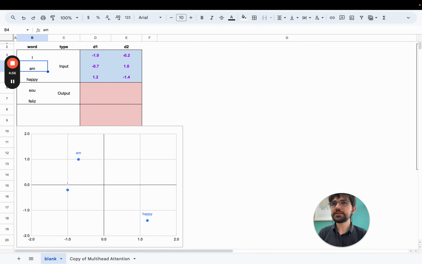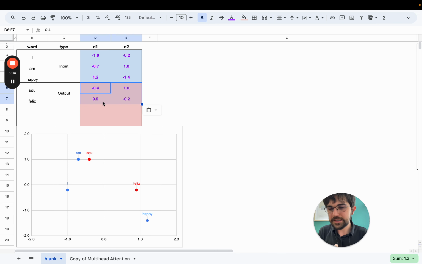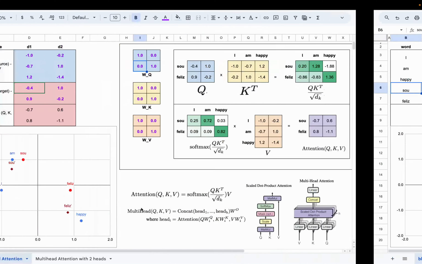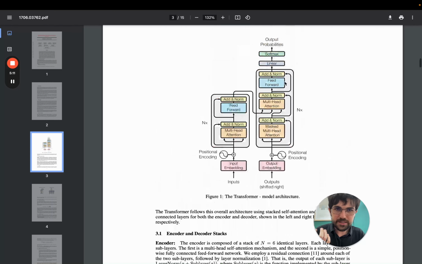And here I'm also going to place the embeddings for the output, in this case for the words "sou" and "feliz", and this embedding is coming from here. In both cases, these words already had some transformations, but they still are embeddings.